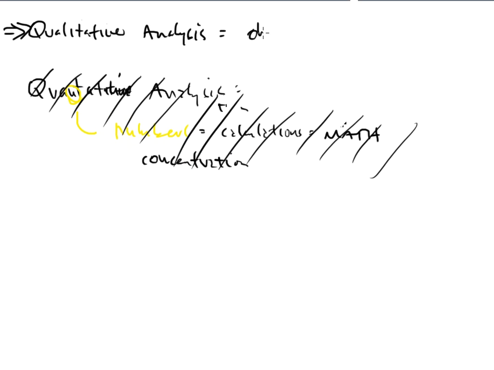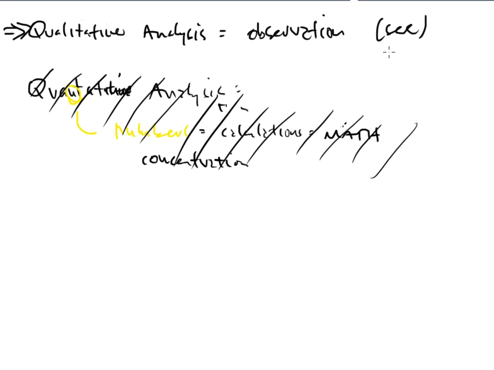And qualitative is simply observation-based. That's all, folks. Observation-based. So this is what we see. What is going on in the experiment? When we add these two things together, did it change color? Did it generate some heat? Did we get some smoke? Did they give us bubbles?